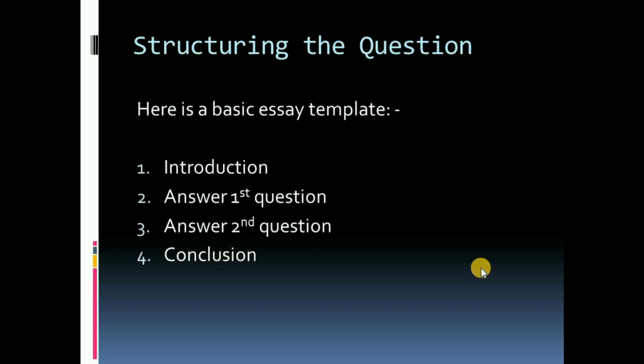You would have your introduction, where you restate the question and then give an essay outline. Then you're going to answer the first question in 1 paragraph and the second in another. Okay, very easy. Finally, you will come to your conclusion, where you can go back and restate your main ideas using maybe just 2 sentences.